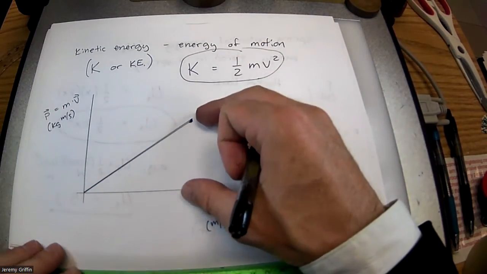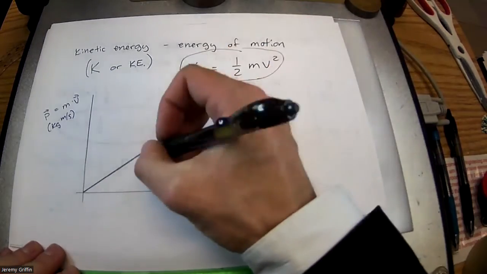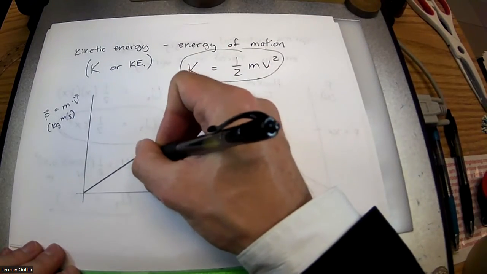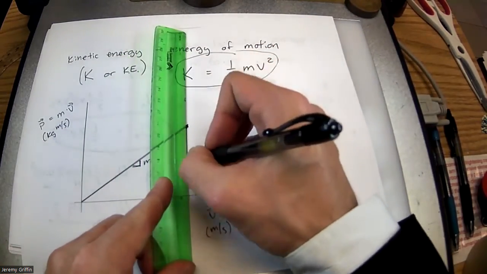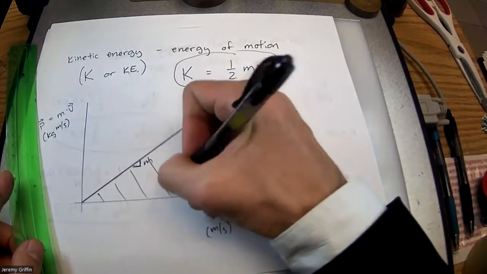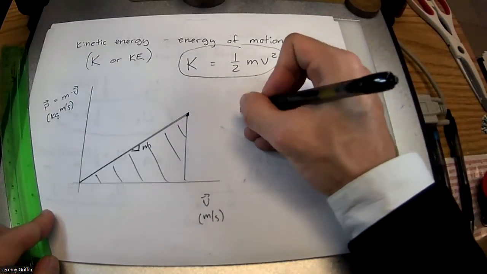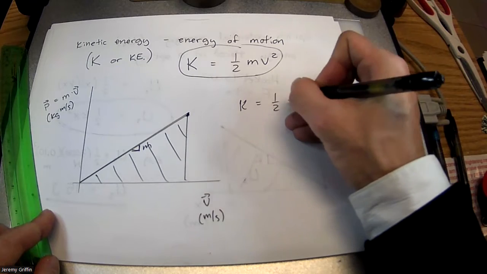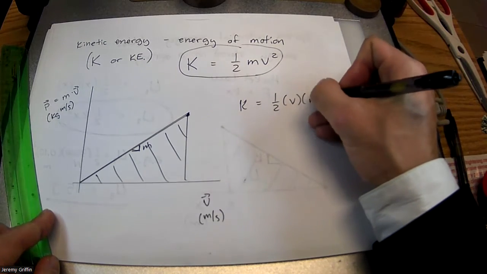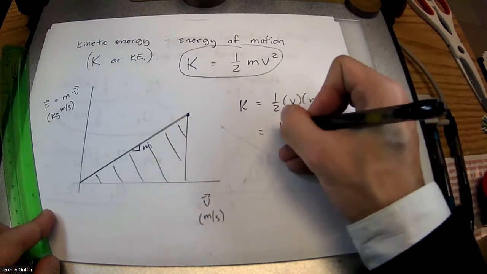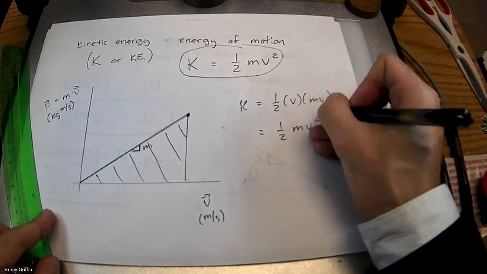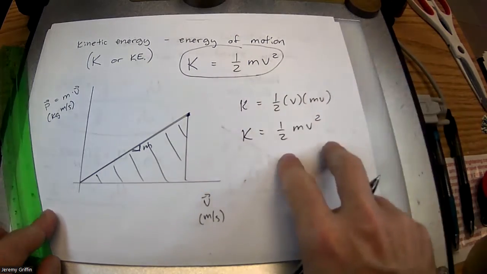The slope of this line is just the mass of the object. But it turns out that the area under this curve also represents some number of joules, which is energy. So the kinetic energy, the area of the triangle, 1/2 base height, is 1/2 mv squared. There you go, kinetic energy 1/2 mv squared.